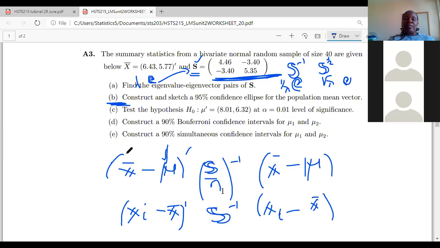What we know is this simple. We make inference around the population mean using the sample statistic.